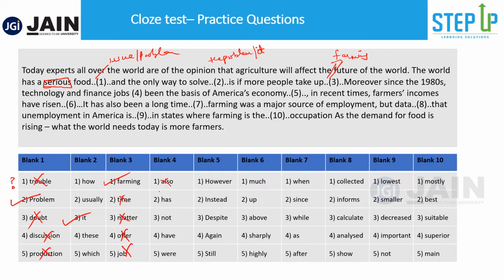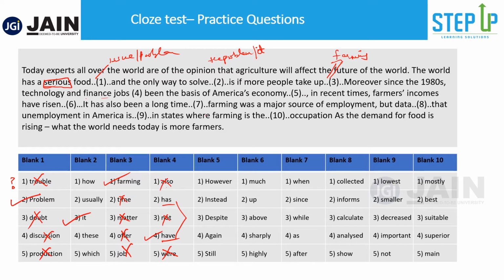Finance jobs, no. Has, okay, has not been the basis, no. Have, were been. So were been is grammatically incorrect. That means the only option is has or have. Now here you're talking about technology and finance jobs. That means two things. So obviously it's plural, right? So subject verb agreement, it should be have. Been the basis of America's economy.